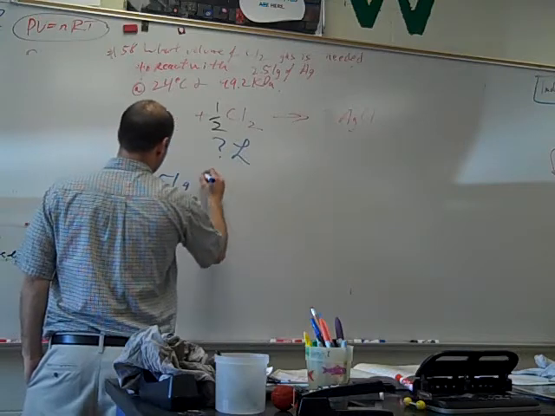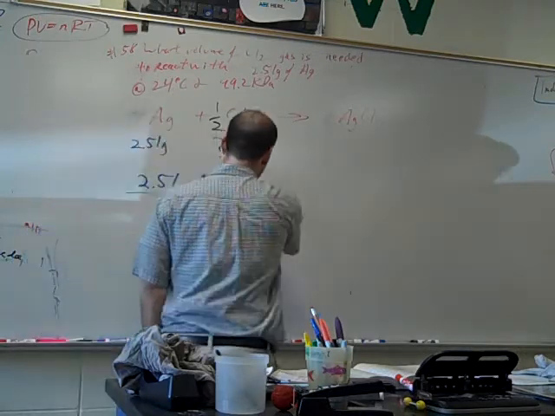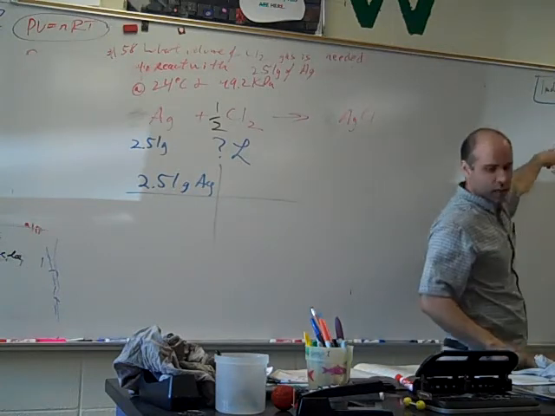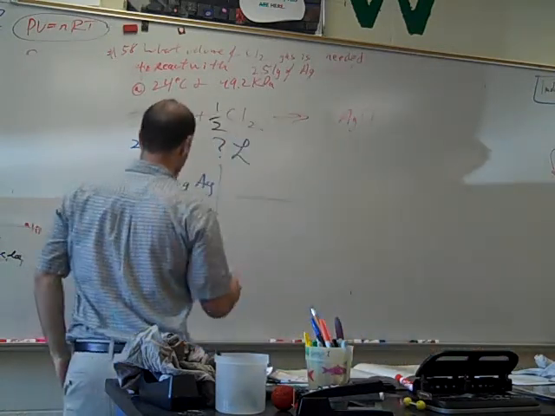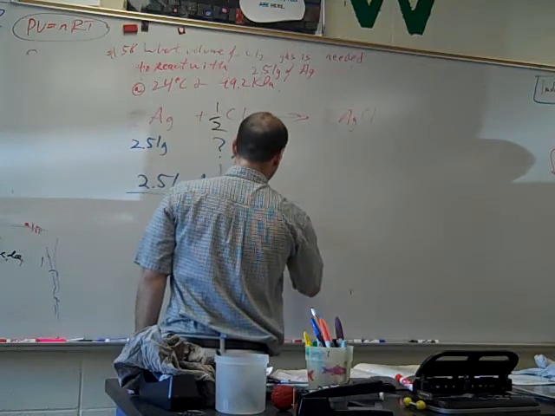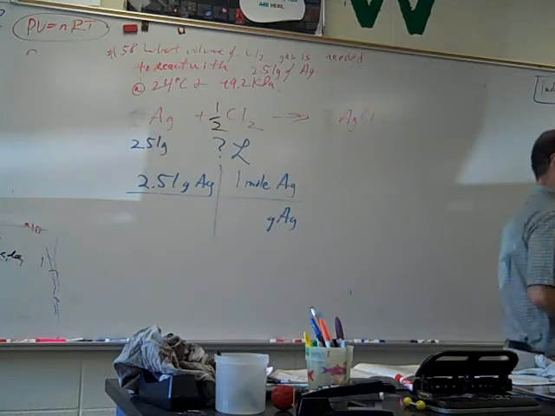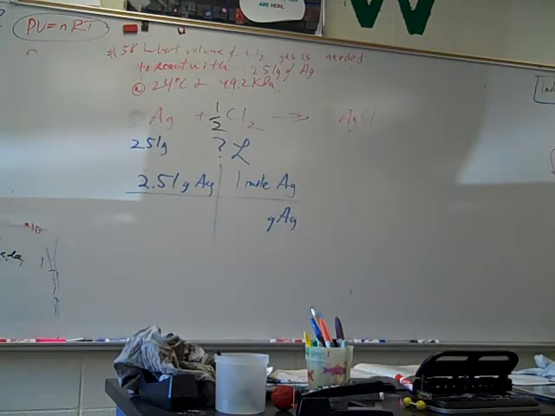Start with the silver. That's our known. What do we need to do? Get it to unknown. So what does 1 mole of silver weigh? 108 grams.